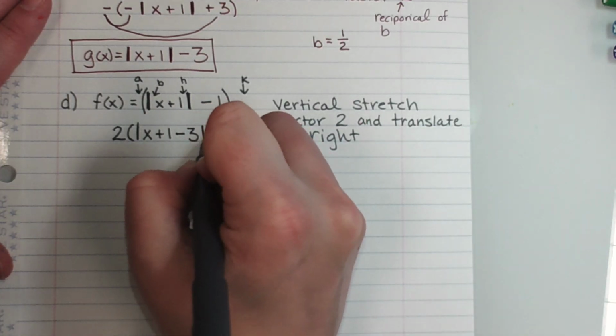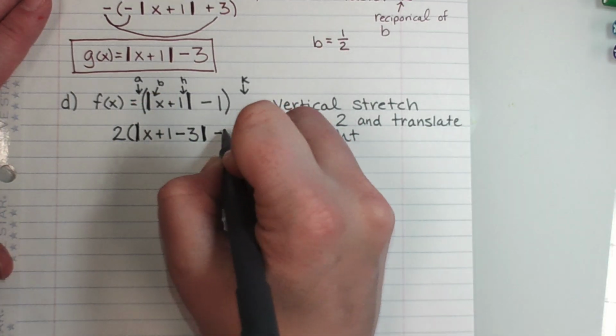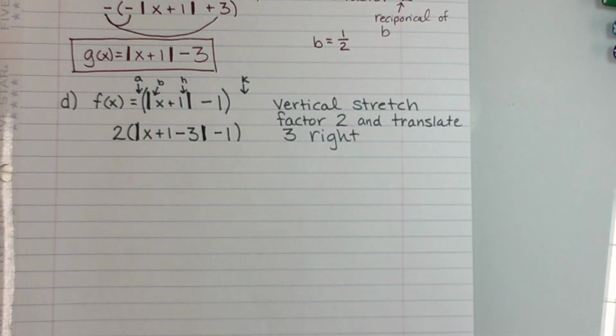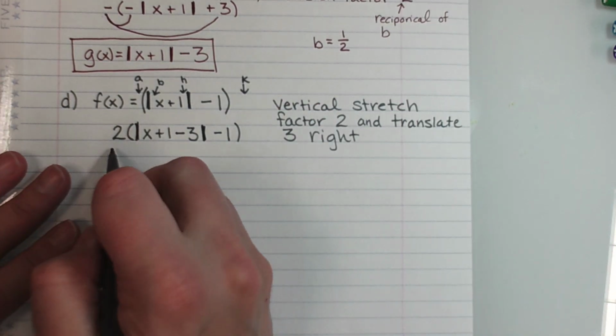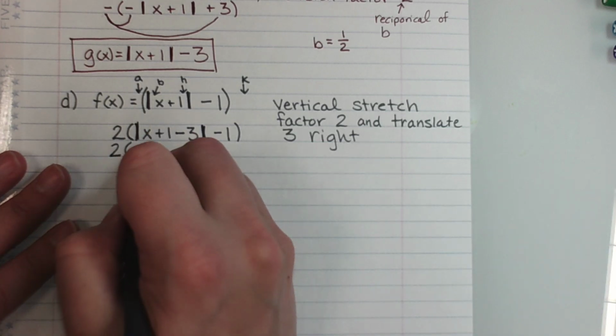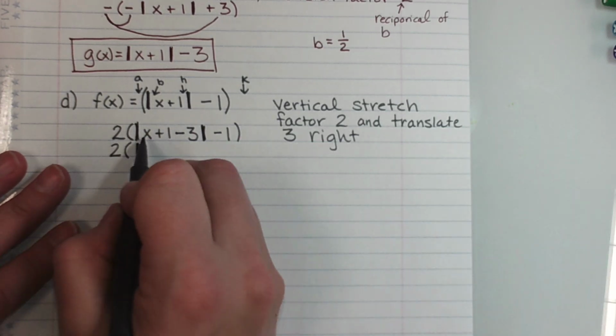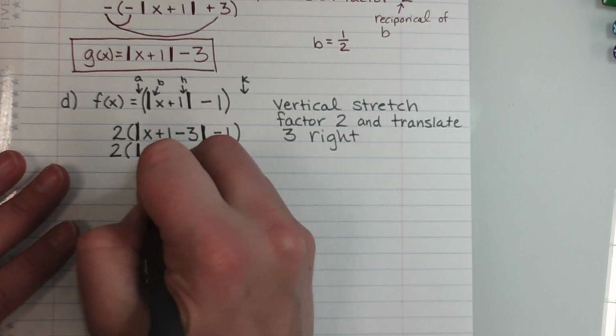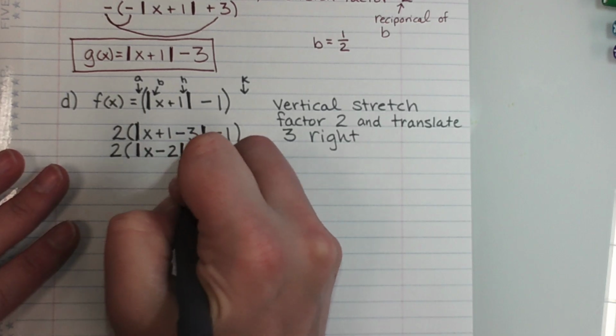Minus 3. Start inside the absolute value first. Yes, you can do both of these steps at once if you are okay with that. Inside the absolute value, I can combine like terms. I get an x minus 2 instead.